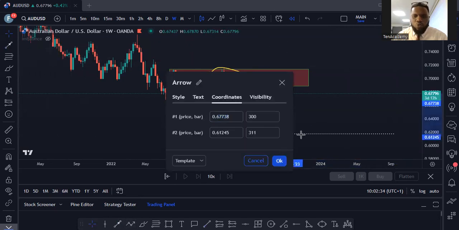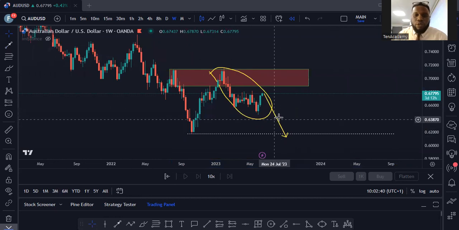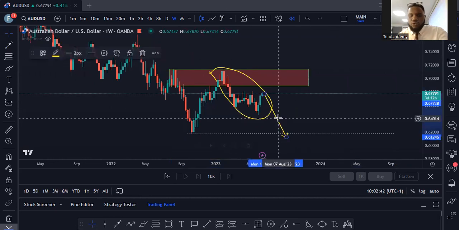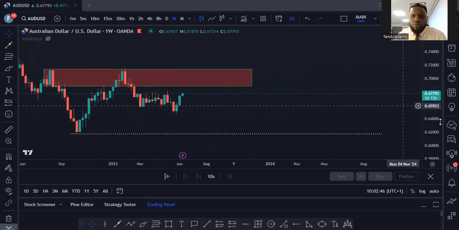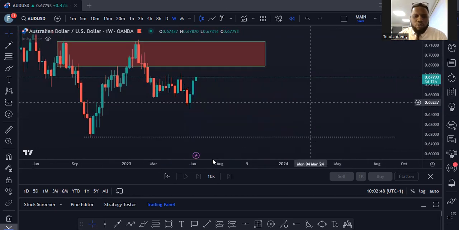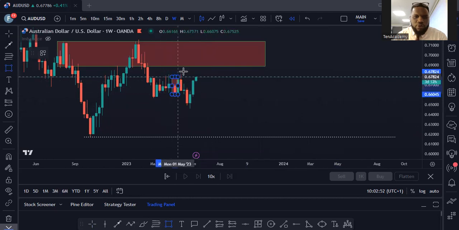Okay, which might mean that there has to be a lot of strength on the US dollar. Okay, now let's move forward. So on an internal structure basis, this is the supply zone.